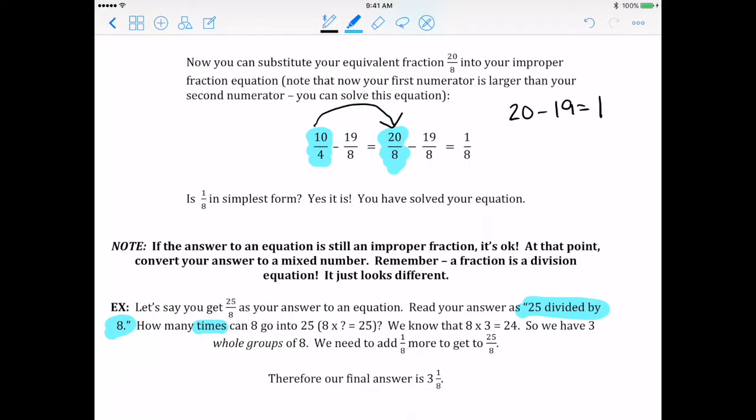So we have 3 whole groups of 8. We'll need to now add 1/8 more to get to 25/8. Therefore, our final answer is 3 and 1/8. And basically, what's happening is you're saying 8 times 3 plus 1.